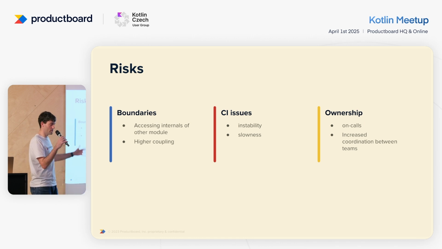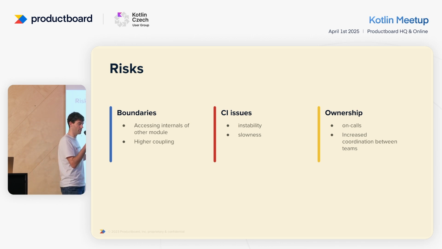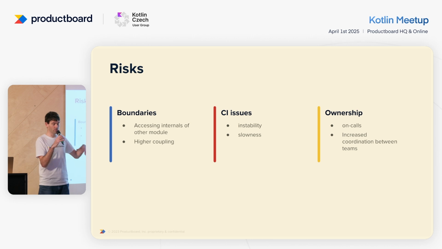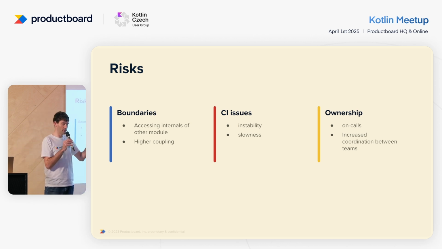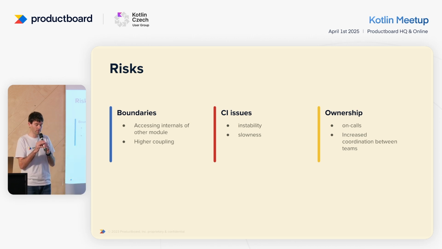There is also a problem of ownership of different modules, and you need to coordinate delivery of different features between teams, because maybe it's beneficial when one team delivers part of the feature in their code base, and the rest is delivered by another team.